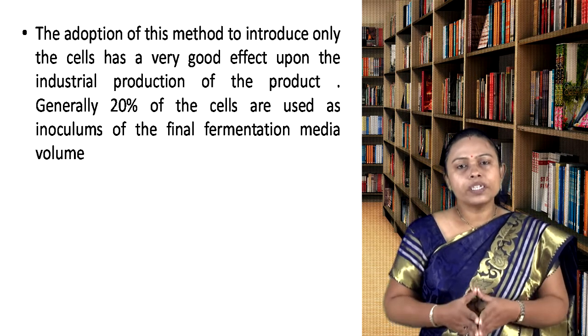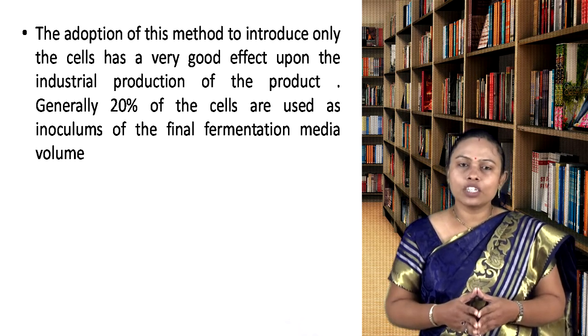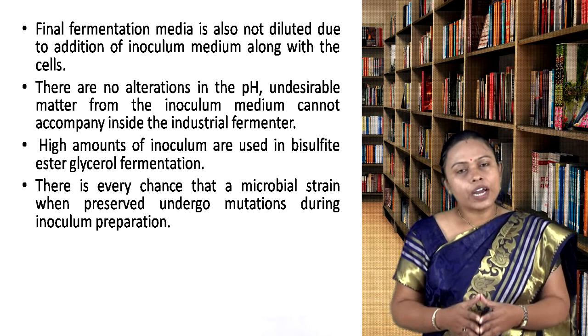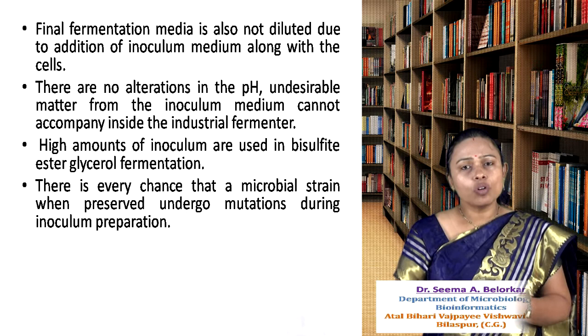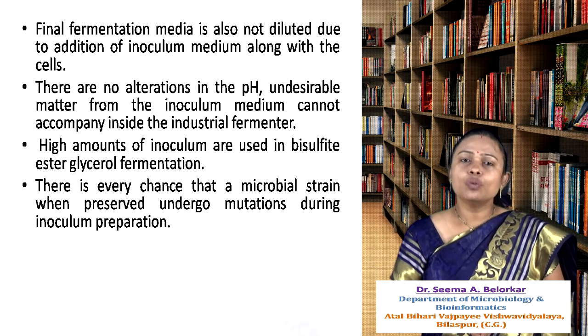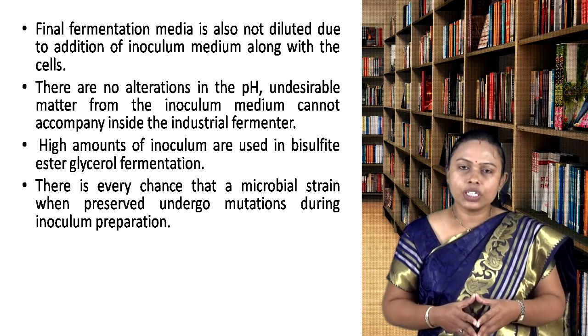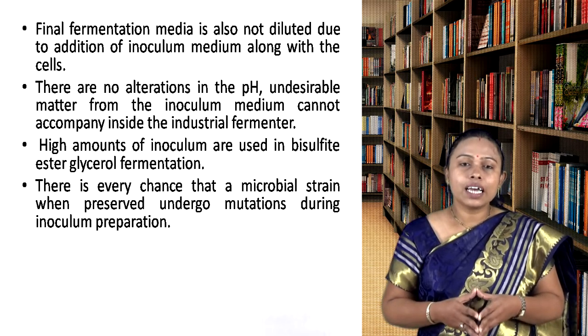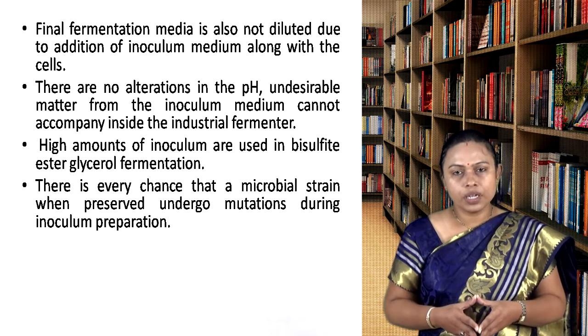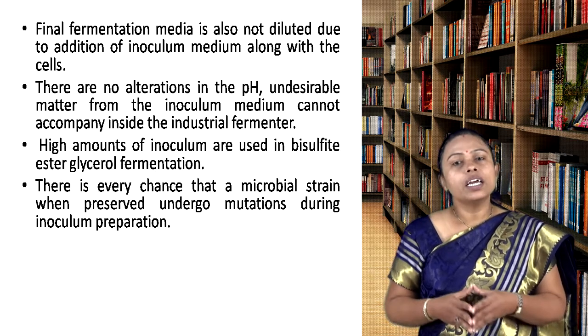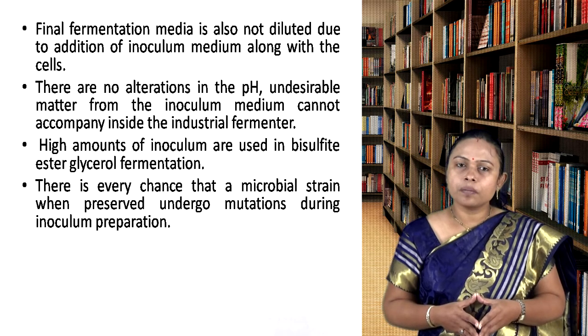Generally, 20% of cells are used as inoculum of the final fermentation media volume. The final fermentation media is also not diluted due to addition of inoculum along with the cells. There are no alterations in the pH. Undesirable matter from the inoculum medium cannot accompany the cells inside the industrial fermenter.